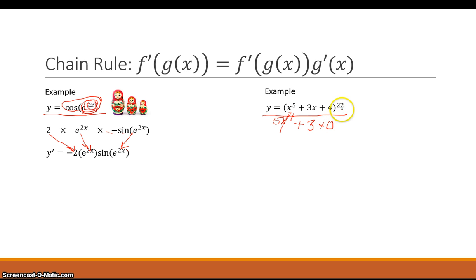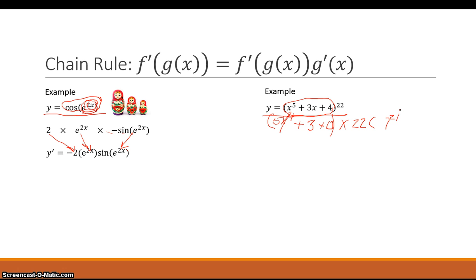That's the inside. And when you consider the outside, think of this as just one term. And again, you're just using the power rule. Again, this whole thing is a quantity. You have 22 times this entire quantity raised to the 21st power.